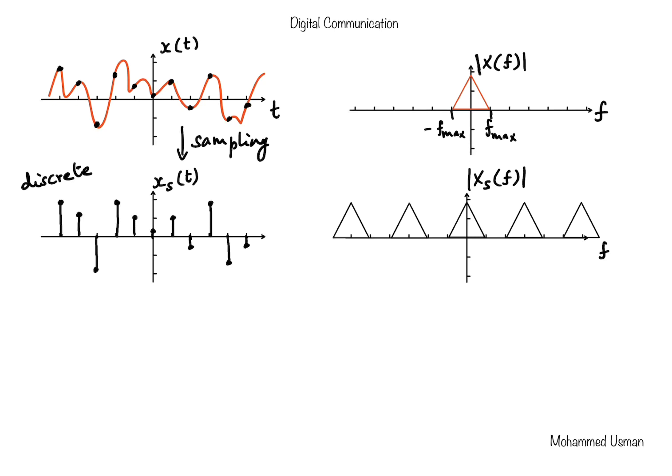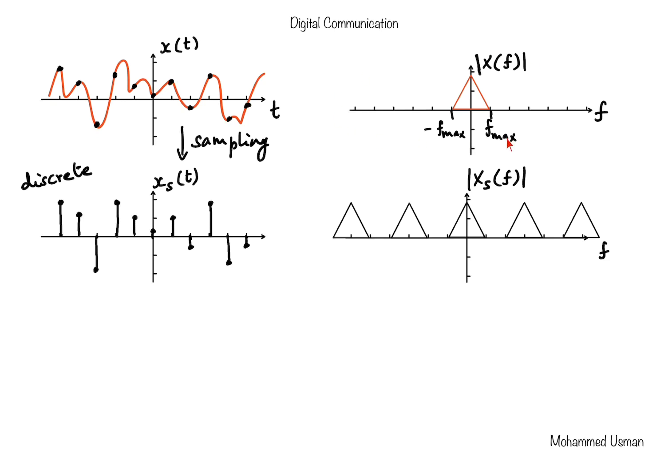The red waveform is continuous, and after sampling, what we get are the amplitudes at the sampling instants given by these black dots, and I have put these black dots separately here, where the height of each dot above the x-axis is the amplitude at that sampling instant. As a result of discretizing this signal in the time domain, what is the effect that we see in the frequency domain?